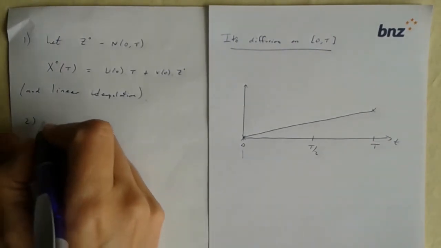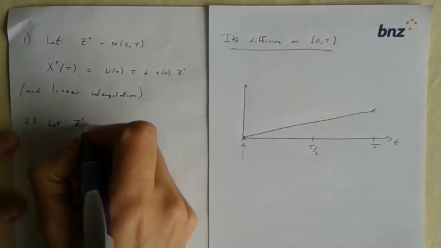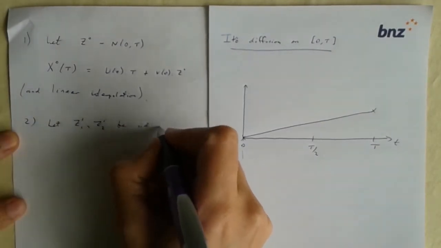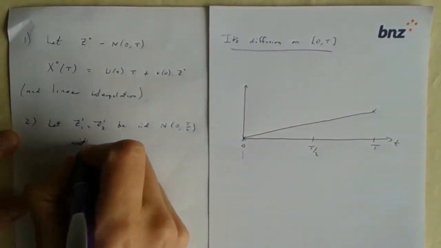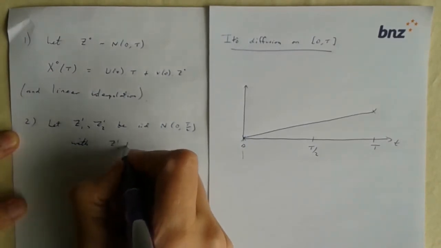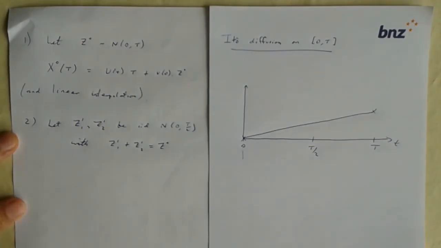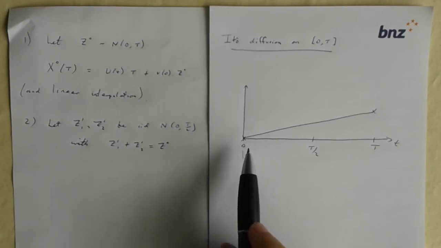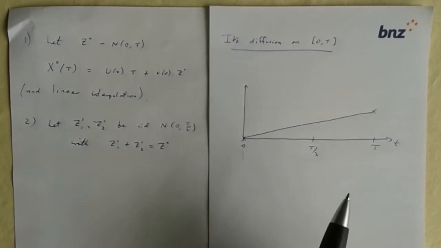So we're now going to have Z1,1 and Z1,2, and these are going to be IID, like so. Whereas before we had one normally distributed random variable associated with the whole time interval, now we've got 2 independent normally distributed random variables associated with the 2 subintervals of length t over 2.